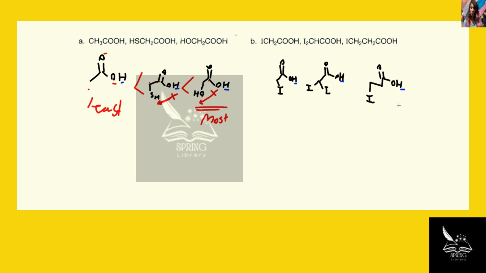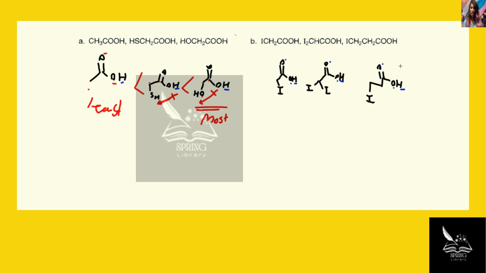So this proton is going to be ripped off. That's going to leave a negative charge on this oxygen atom. So we have a negative charge on an electronegative atom, which is favorable. But now also this negative charge can be resonance stabilized by moving the negative charge to the oxygen atom on the top. So all three of these will have negative charge that is going to be resonance stabilized and is also going to be stabilized by having the charge on an electronegative atom.